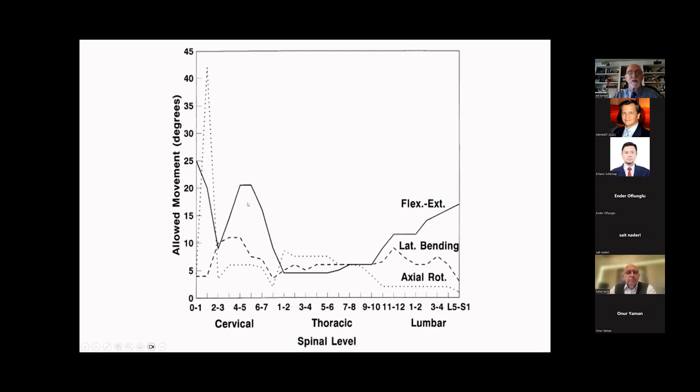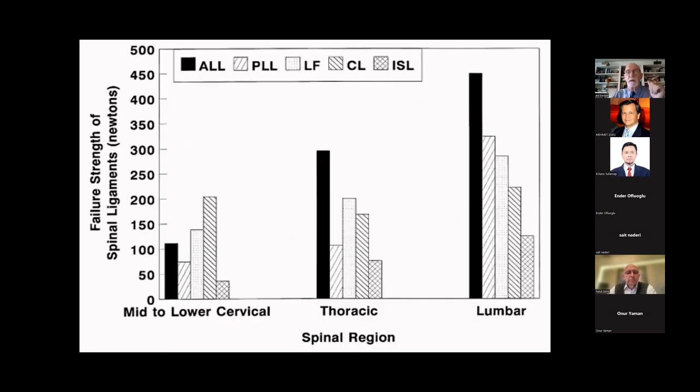And with flexion and extension, we can see that we have a lot of flexion and extension mobility in the cervical spine and the lumbar spine, but very little lateral bending because of the sagittal orientation of the facets in the lumbar spine. The interspinous ligaments, the ALL, PLL, etc., strength varies considerably.